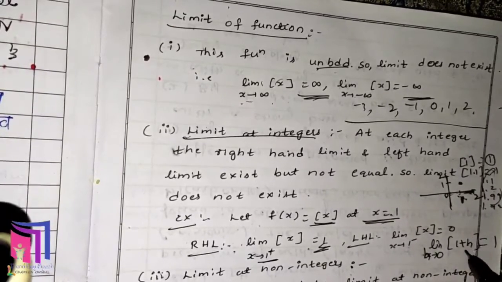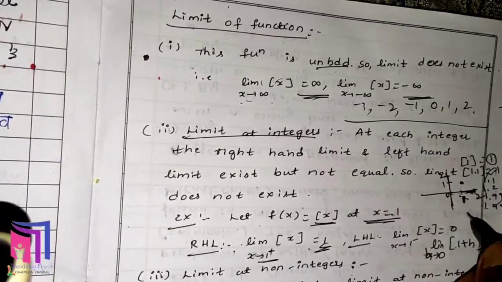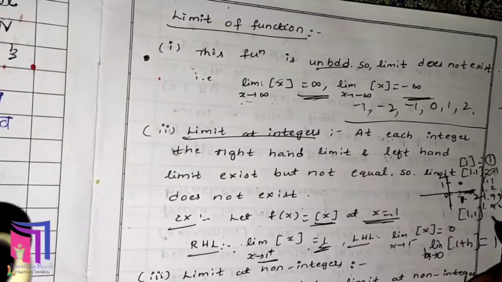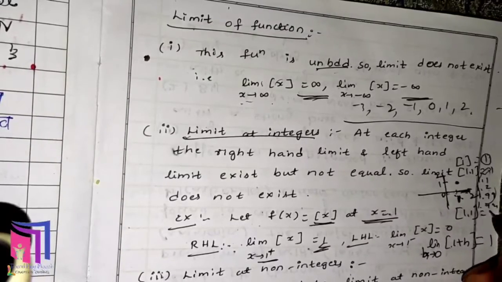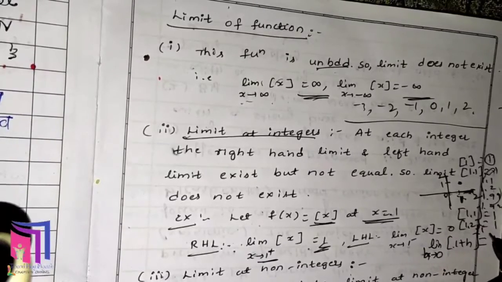We take any additional value to 1, we add any value to 1, that is greater than 1 only. Okay, that means the greatest integer of 1.1 is 1, greatest integer of 1.2 is 1 only, like this, greatest integer of 1.999 we get 1 only.